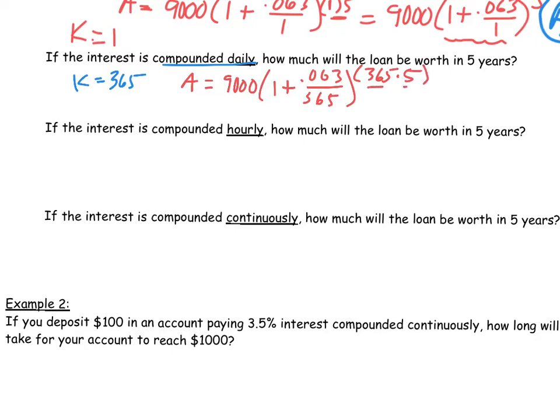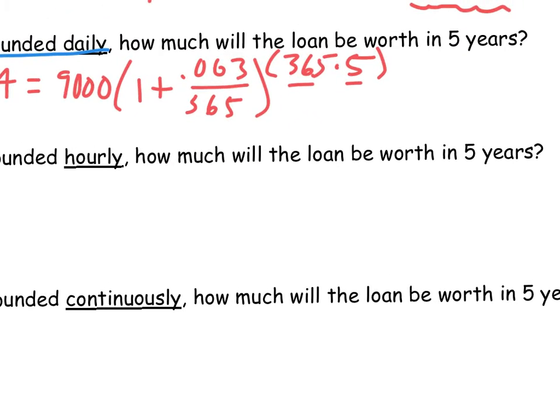So the K times the T. You can use parentheses with this, but I usually just find that number real quick and type that in when I type in the formula. But I always multiply that and just get one number. So 365 times 5, well, that's 1,825.